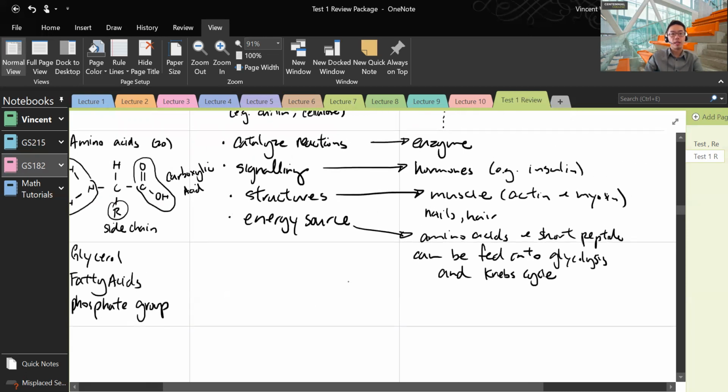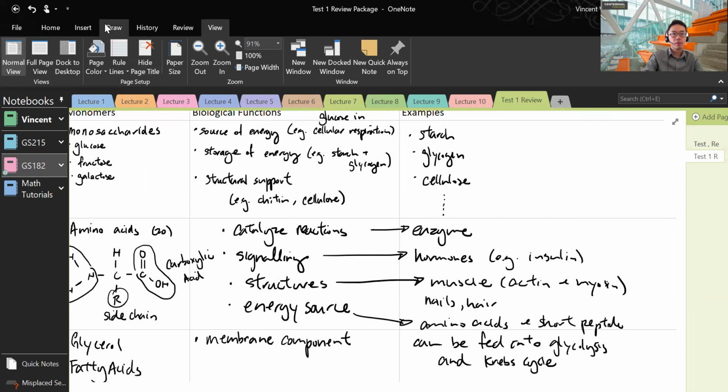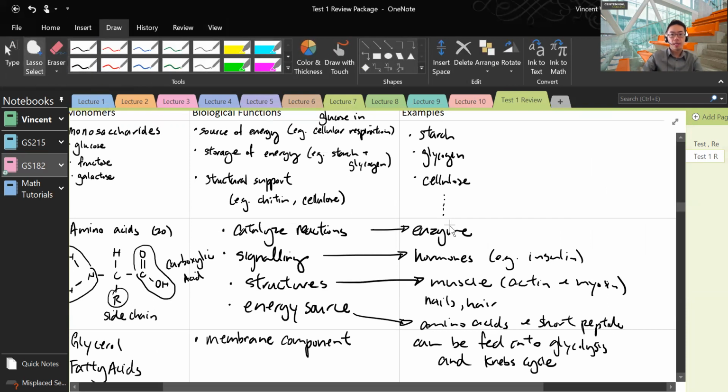So what is the function of lipids? Membrane component, right? Let me just create more space here.